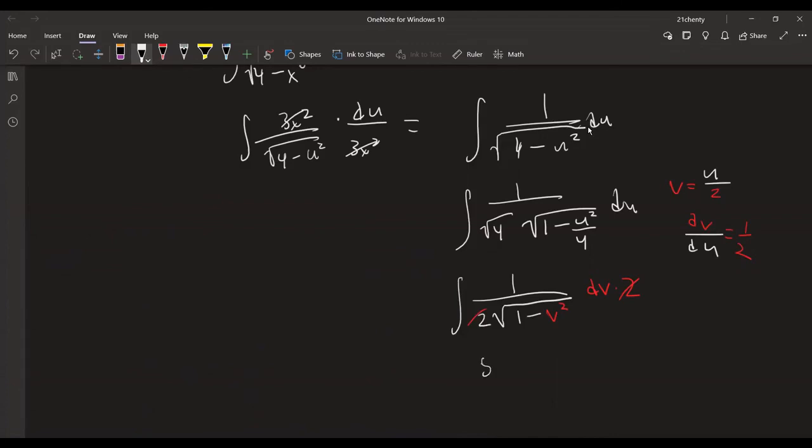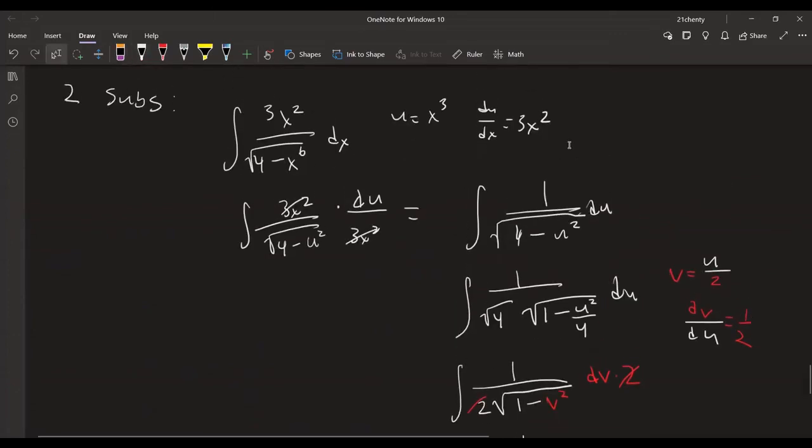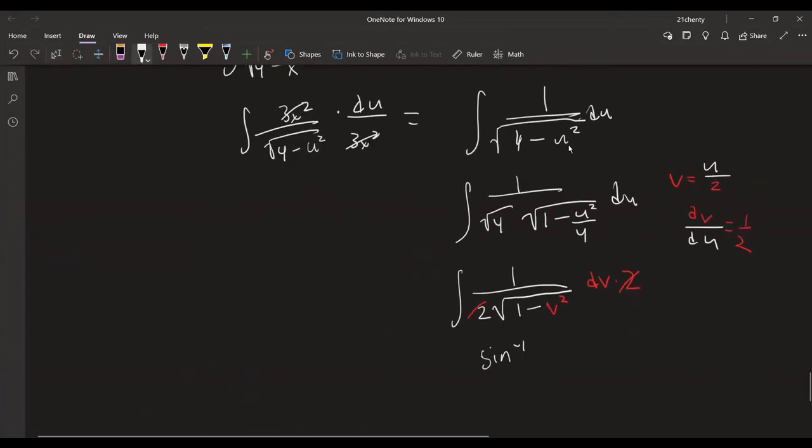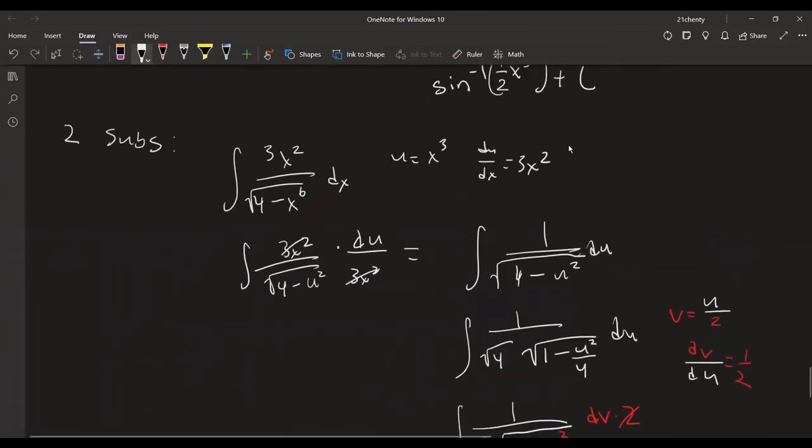And we get arc sine of v, and v equals u over 2, and u equals x cubed. I looked at the wrong one.